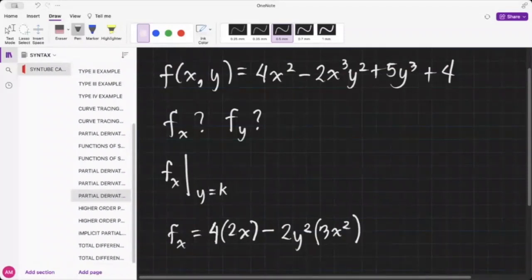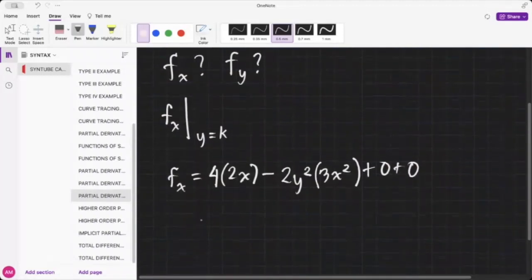Write it down first. Ito, sabi nga dito, y is constant. So ito, constant to. So this is just plus 0, then 4 lang yan, so plus 0. If we simplify this, we get our final answer. Derivative of the function with respect to x is just 8x minus 6 x squared y squared. Yun na yun. This is your final answer.